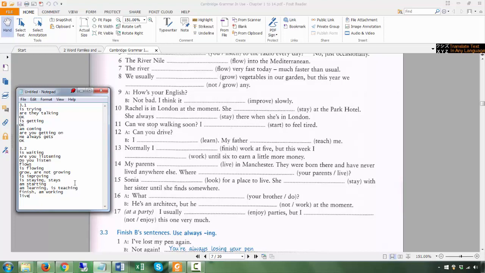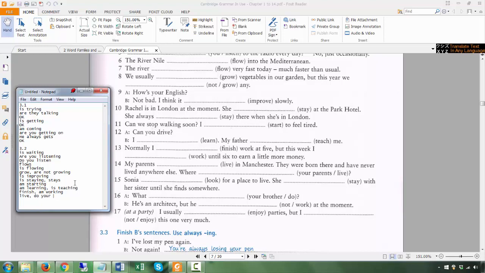But now things are changing. So for my parents live, this person is looking at it as their permanent place of living, so they do so permanently, always. They were born there and have never lived anywhere else.